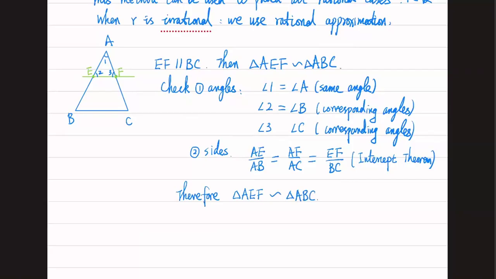At the very beginning, we didn't use any of the similarity theorems. We only have the intercept theorem, and that's enough to prove the two triangles are similar.